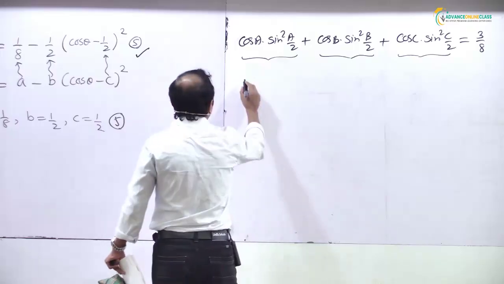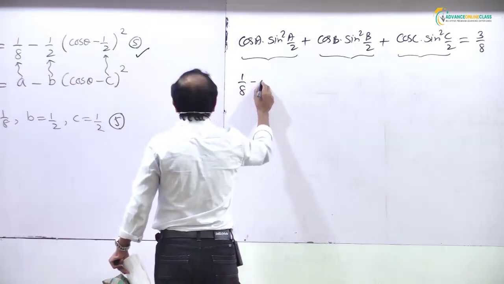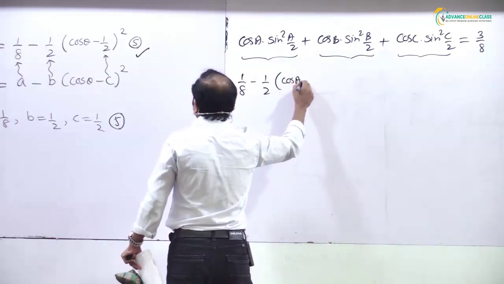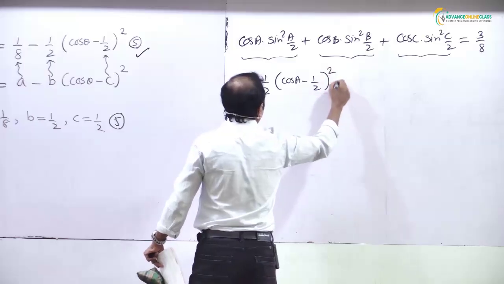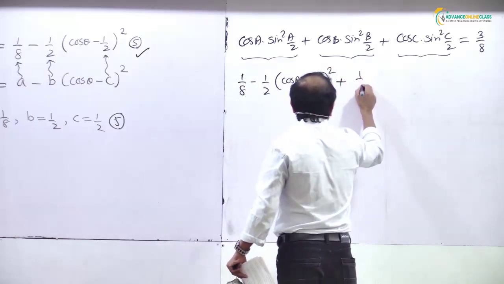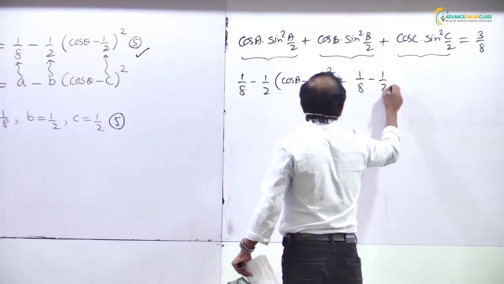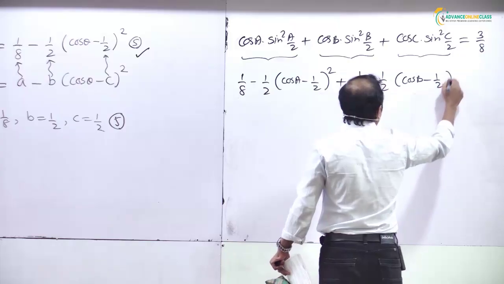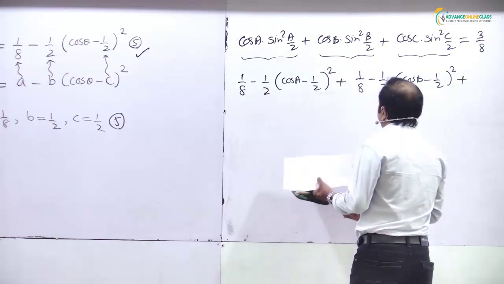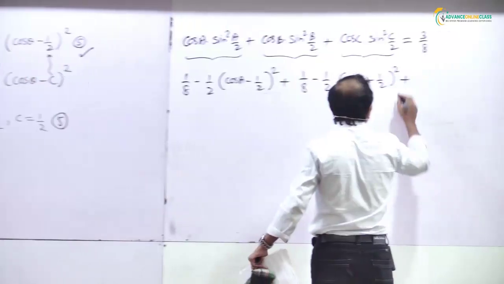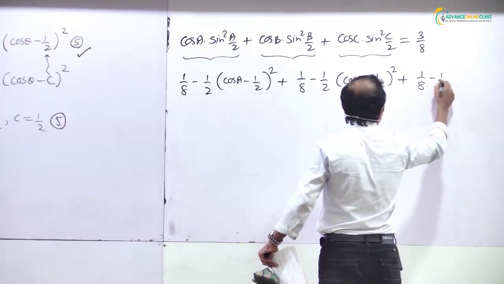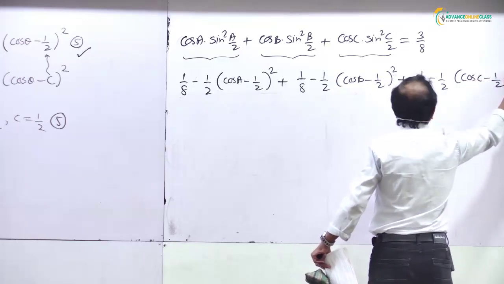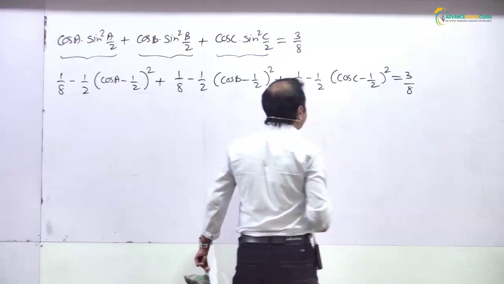What is that? 1 over 8 minus half, cos A minus half perfect square. 1 over 8 minus half, cos B minus half perfect square. 1 over 8 minus half, cos C minus half perfect square equals 3 by 8.